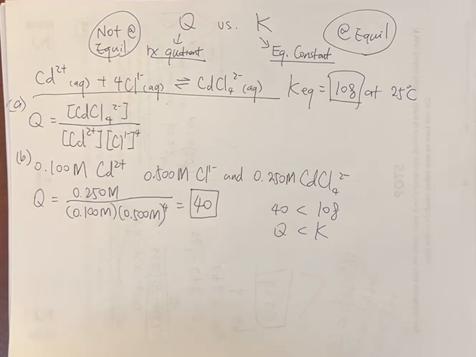Okay, so then Q versus K. What does it mean? Well, remember K is referring to the equilibrium constant. So this is a constant, so it works for every equilibrium state in the reaction.